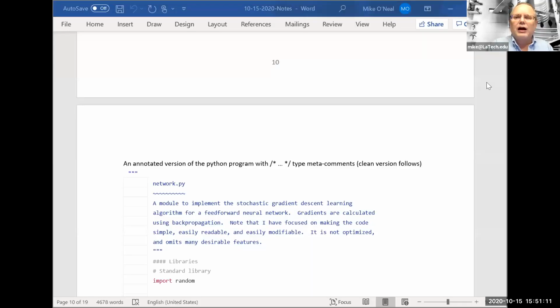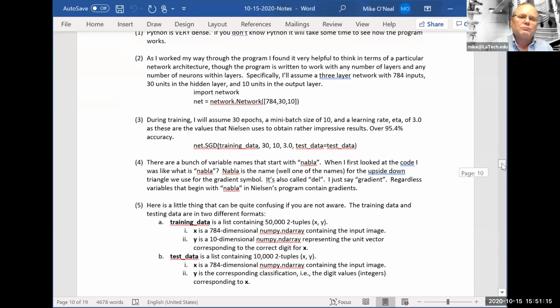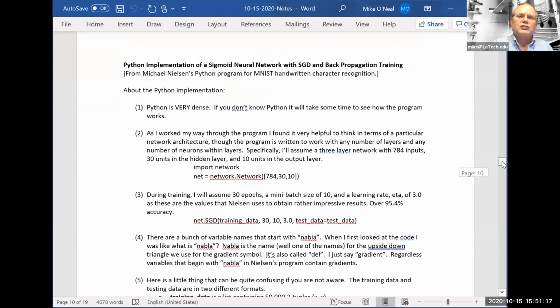One thing that I'm going to leave in the notes that I am not going to cover is the Python implementation. The Python implementation of the program will be in the notes. I have some introductory notes before that describe this program that's in chapter 1 or 2 of Nielsen's book.